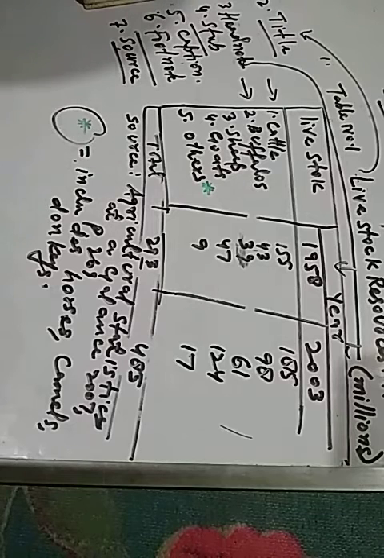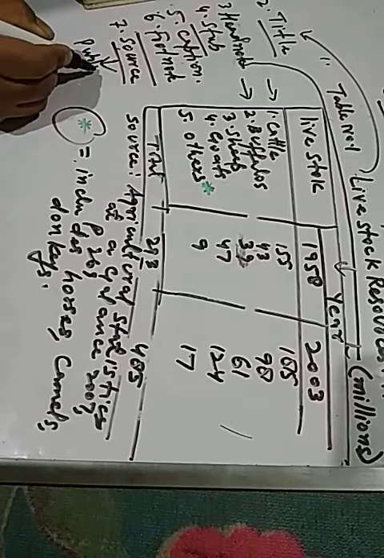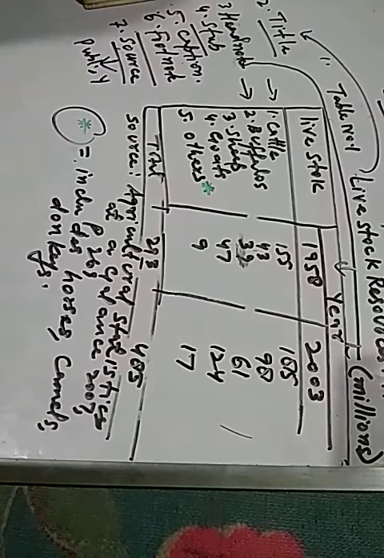In source we write the name of the publication, year of publication, page number of that publication, or if it is shown in volumes, then we also note the volume of the publication.